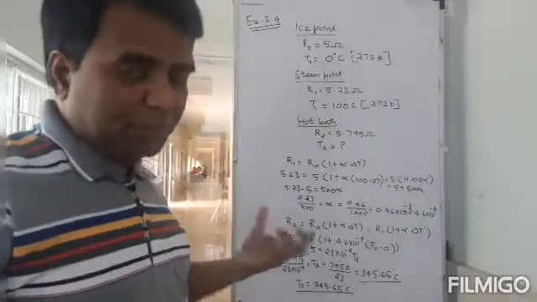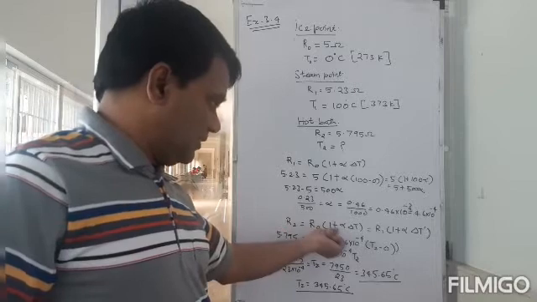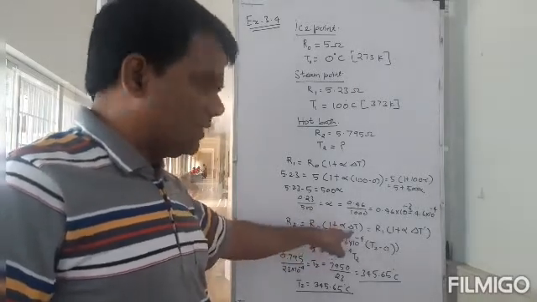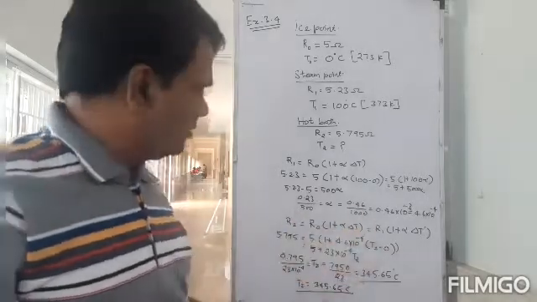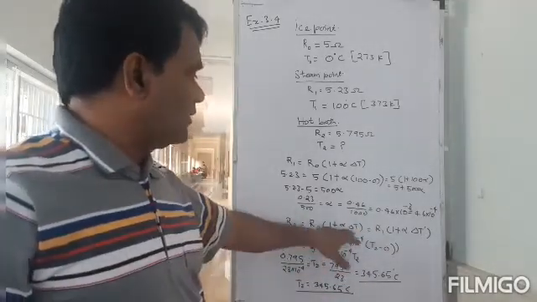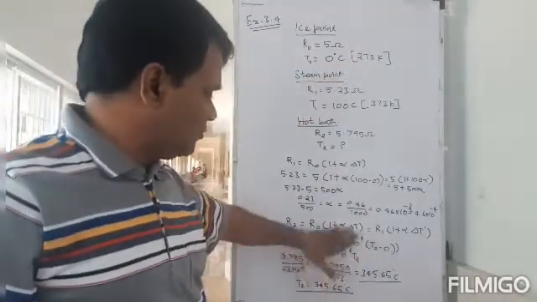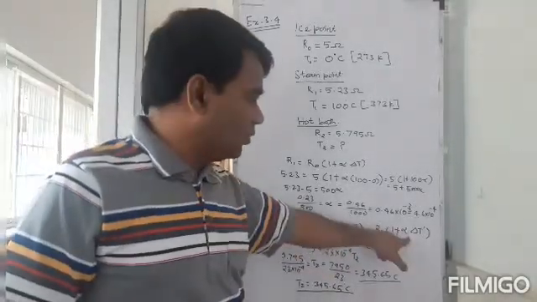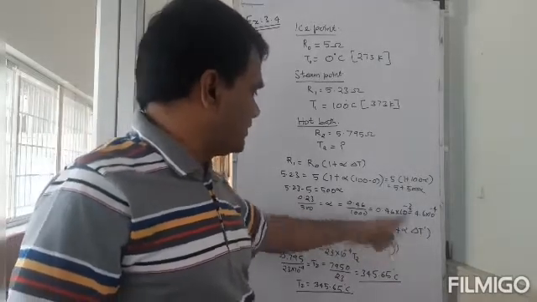I've purposefully chosen R naught for this. I mean this expression to figure out this temperature, because R naught is 5, an easier number to manipulate, and also T naught is actually 0 degrees, so it's very easy to do this. That's why I've chosen this expression. You could have done the same thing with the other one, R1. This would be 5.23, and then 1 plus alpha, same value.